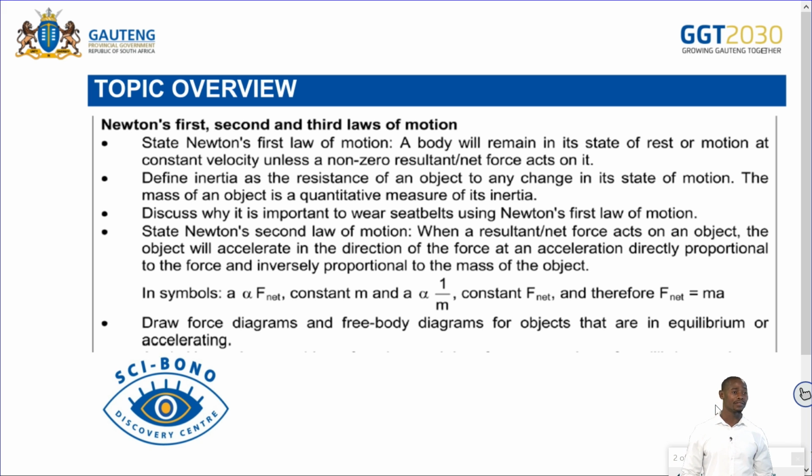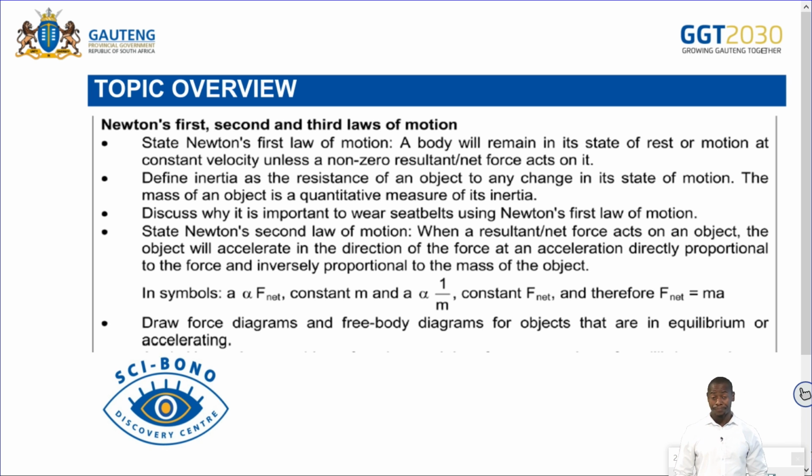Then in symbols, a is directly proportional to net force at constant mass, and a is inversely proportional to mass at constant net force, and therefore F net will be equal to m a. Then also draw free body diagrams and force diagrams for objects that are in equilibrium and also for objects that are accelerating.